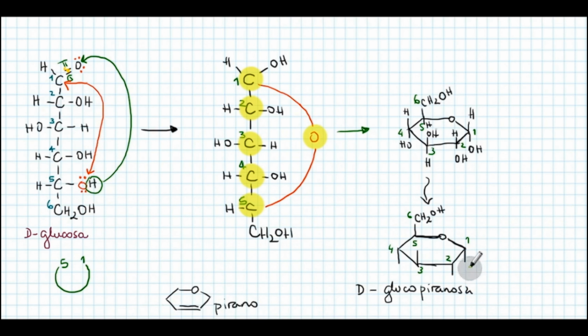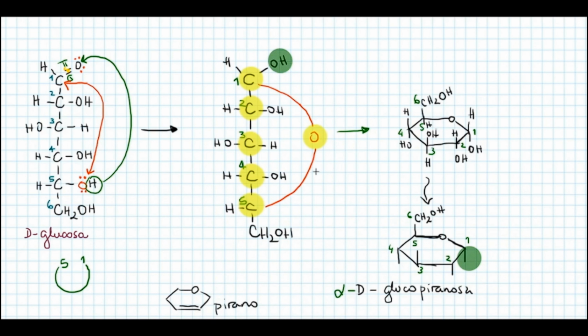I'm going to also add the following. If the OH of carbon 1, that is, the one that is newly formed, was to the right, then I call it alpha, so this is the alpha of glucopyranose.